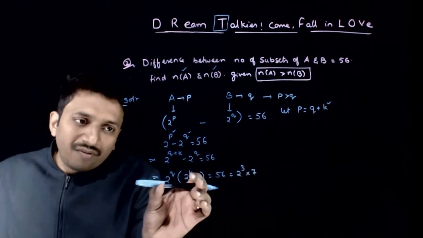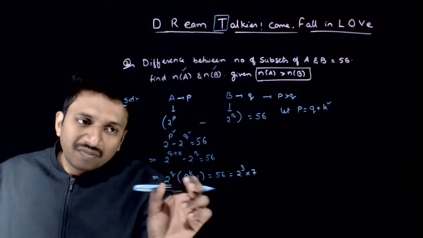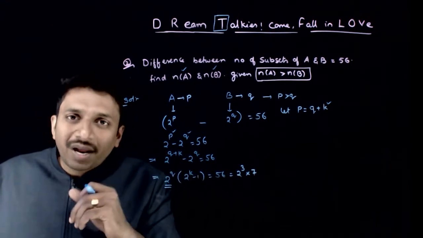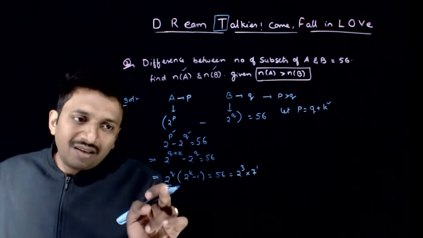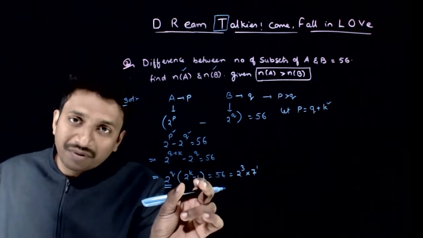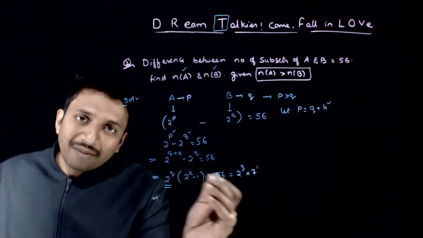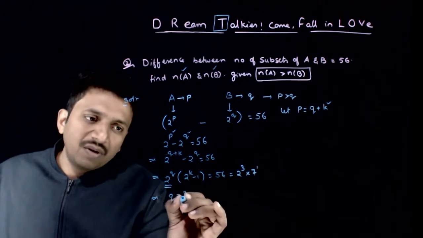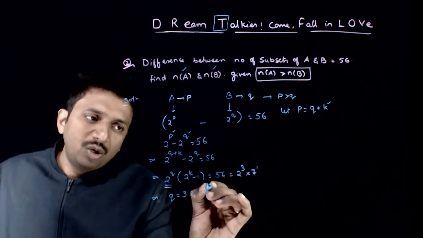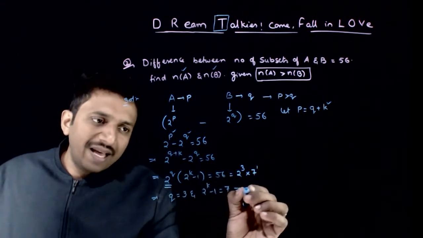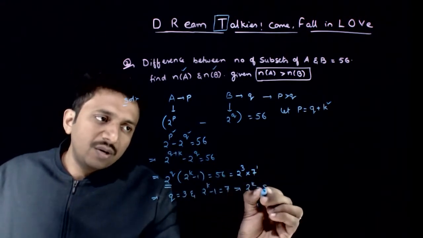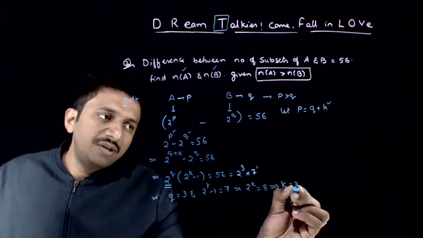You can have only one prime factorization for a single number. So if 2 cube into 7 power 1 is the same as 2 power Q into some odd number, by comparison Q has to be equal to 3 and 2 power K minus 1 has to be equal to 7. This implies 2 power K is equal to 8 and K is equal to 3.